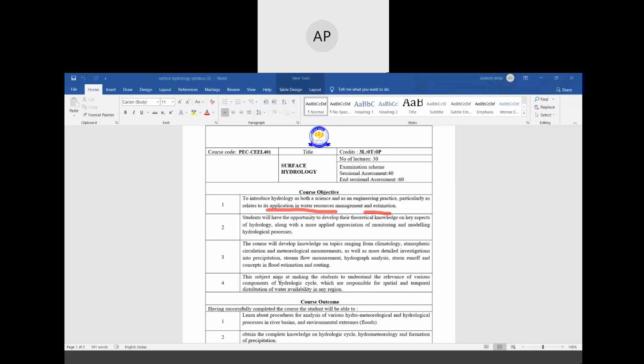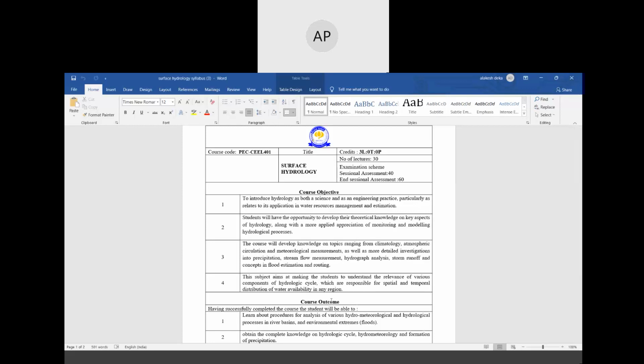This subject aims at making the students understand the relevance of various components of the hydrological cycle, which are responsible for spatial and temporal distribution of water availability in any region.